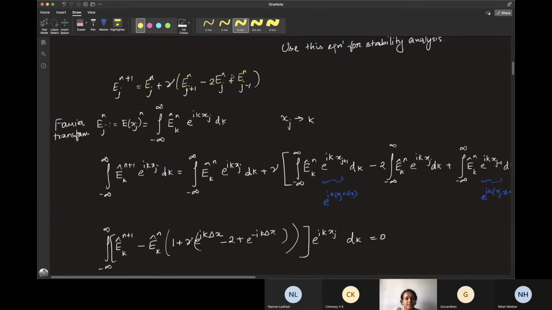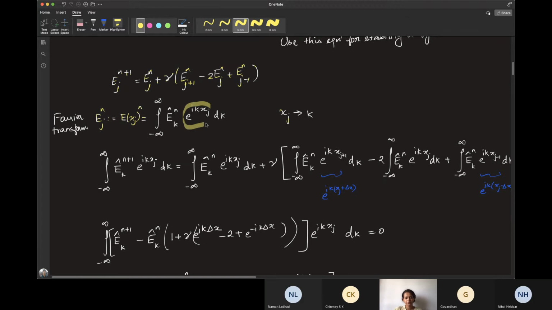Now that we have an error equation, we go about doing the Fourier transform. We are writing ej at n, where j is written at xj; these are both the same. So we are transforming xj to k. In a Fourier transform, we just transform one variable to another variable.